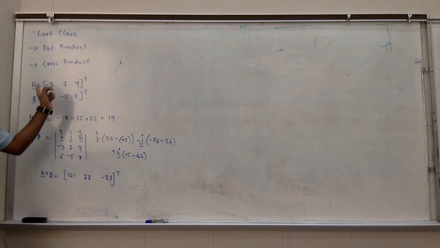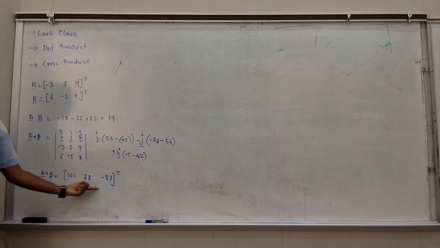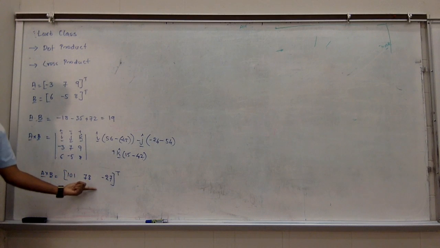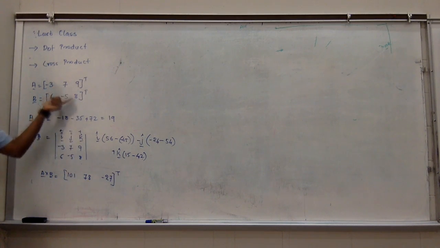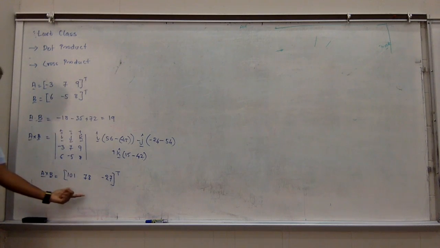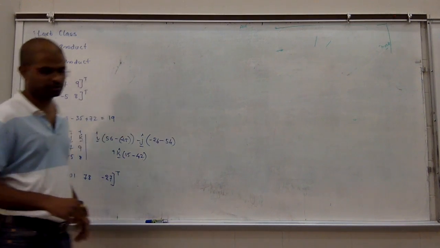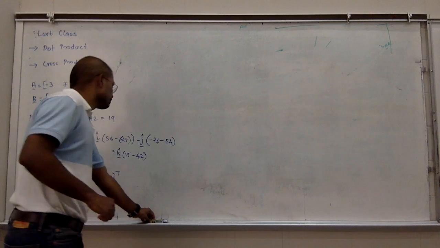It could be IJK, XYZ, ABC, anything, right? So that's the reason you give it independent of that. You just do it with ijk for your convenience. When you give me the answer, either you assume it's the same basis as this, or you just write there it's the same basis as this. The ijk is only for your convenience, so that you can calculate.